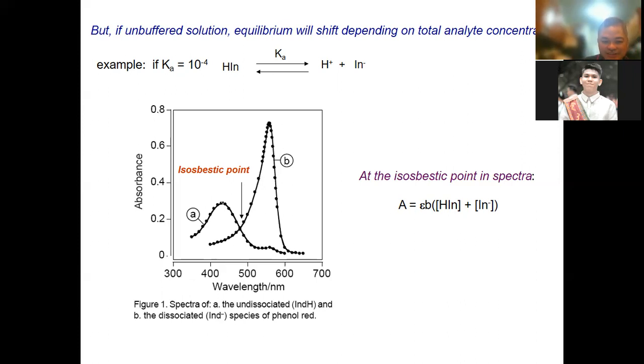The A is the one that is the undissociated one. So what happened? Okay, so there will come a time that it shifts coming from here, going to here. Now at the isosbestic point, they said the absorbance is just equal to the molar absorptivity times b times the concentration of your protonated and deprotonated form.